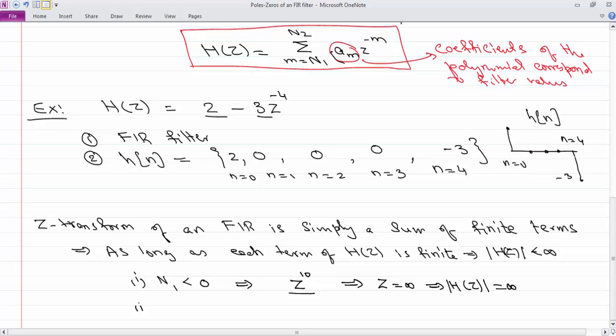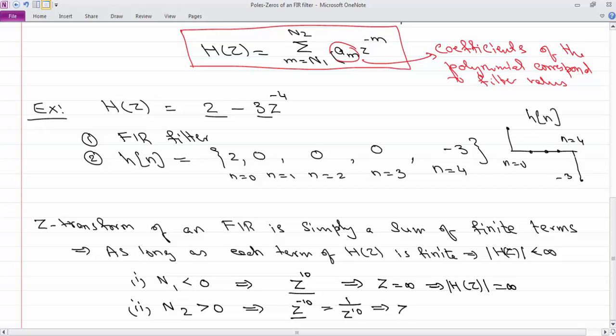And then the next case is that if n2 is bigger than 0, then you have terms with negative exponent. For example, if n2 is 15, then you can have a term like z to the minus 10. Well, z to the minus 10 is simply 1 over z to the 10.